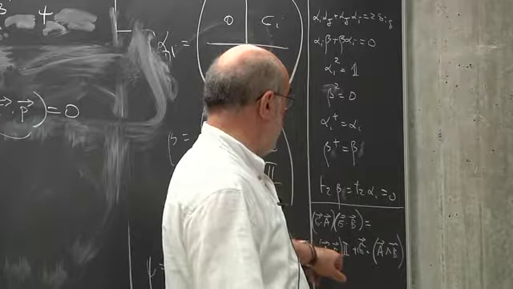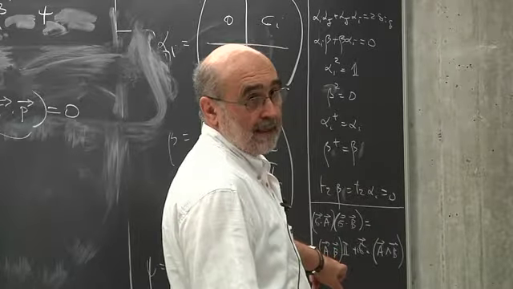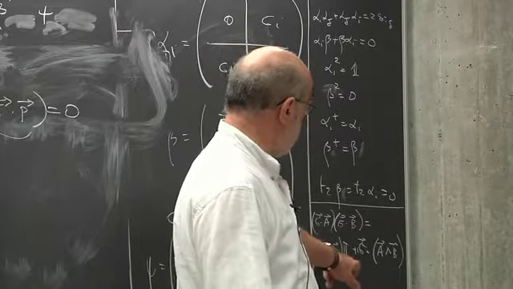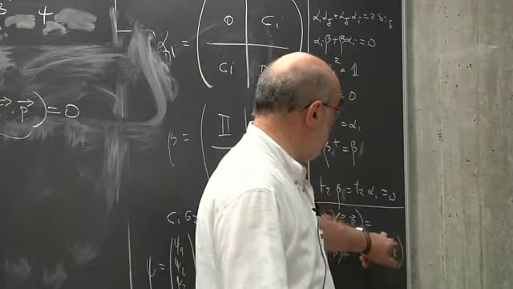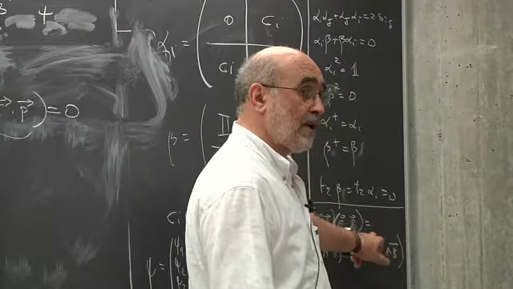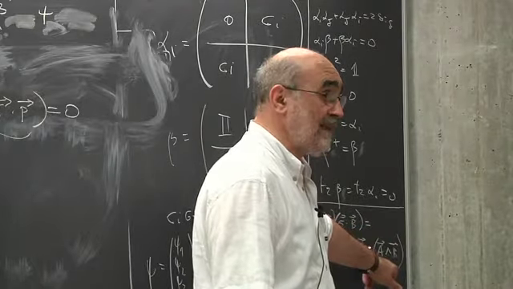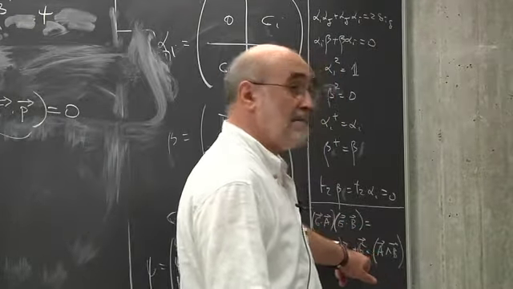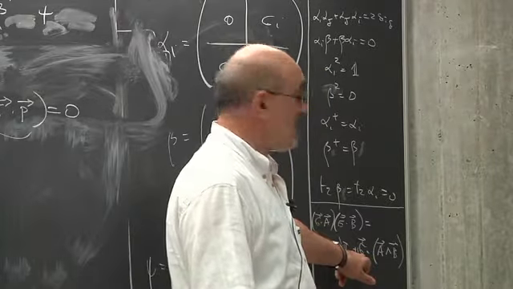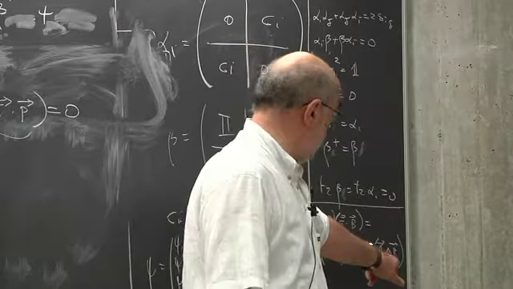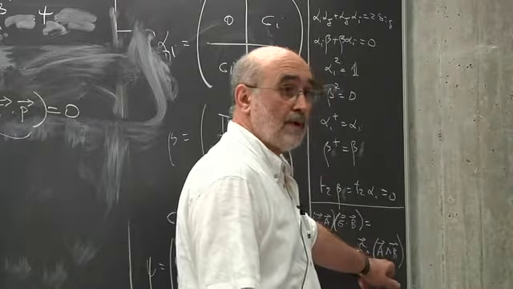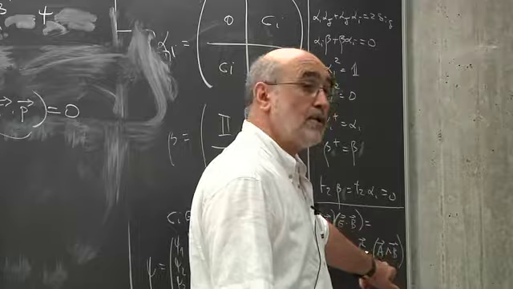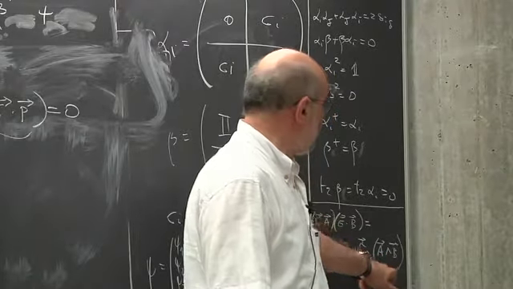That coefficient is A dot B. A and B are vectors, so this is a number, multiplied by a 2 by 2 matrix. And then here you do this. This is the vector product between these two vectors, so you get a vector multiplied by this matrix, which means sigma 1 and the first component of this, sigma 2 and the second component, sigma 3 and the third component, okay?